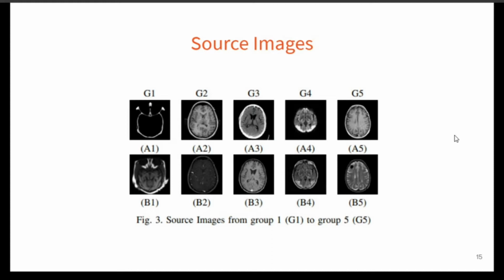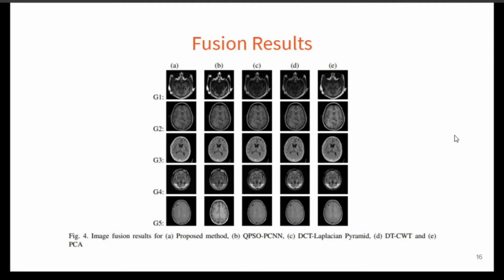The source images or the original images are 5 groups of 256 gray level images of CT and MR imaging. These are the fusion results from the proposed method as well as some other credible methods against which the comparison has been drawn in this work.